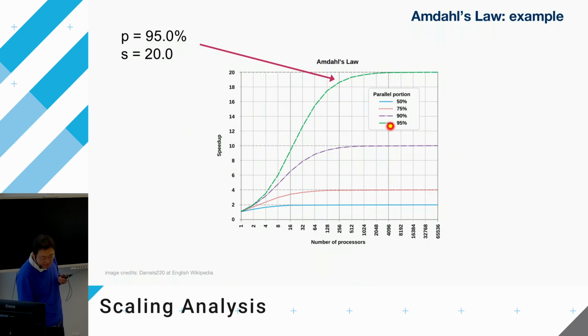If the application has 95%, this green line, that can be parallelized, then according to Amdahl's law, you will have a maximum speed up of 20. So this looks not ideal because we are expecting 1,000 times faster, but according to Amdahl's law, this parallelization does not really work because in the end, you can achieve a maximum of 20 times faster with, I don't know, 1,000 CPU cores or even more CPU cores.